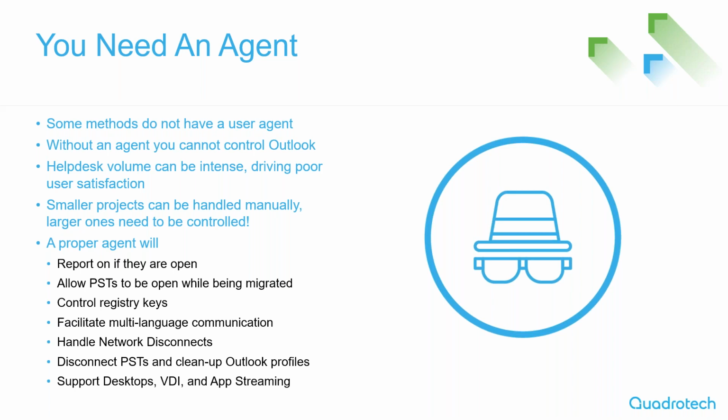And it needs to clean up the Outlook profile. You also need to ensure that it supports desktops, VDI, and app streaming. I realize I don't have Apple computers on here, but ensure that for all of the builds that you have, there's a plan on how to address this, so that you can have a good user experience in this project of upgrading the PST files.